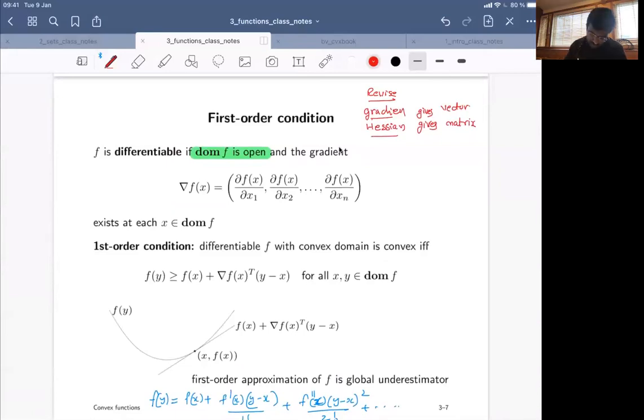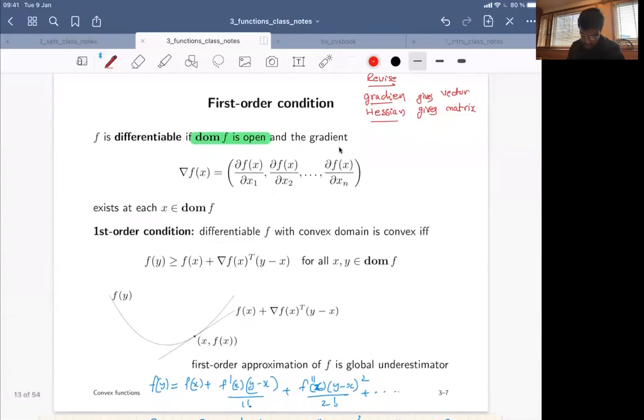So let's state the first order condition. Before saying the first order condition, we should say that the function f is differentiable, right?